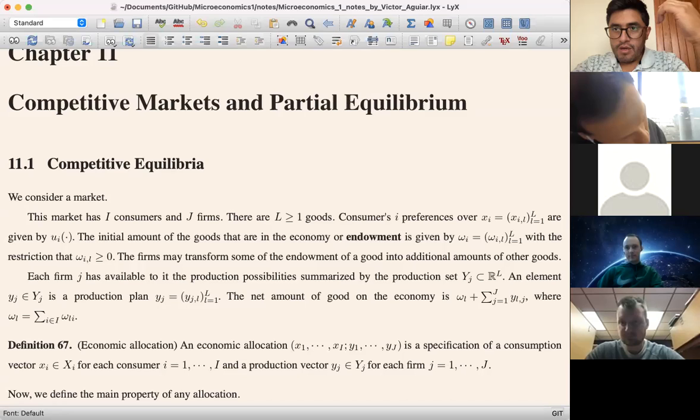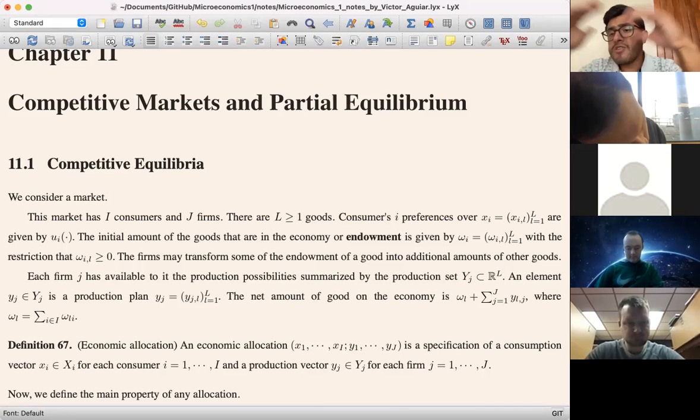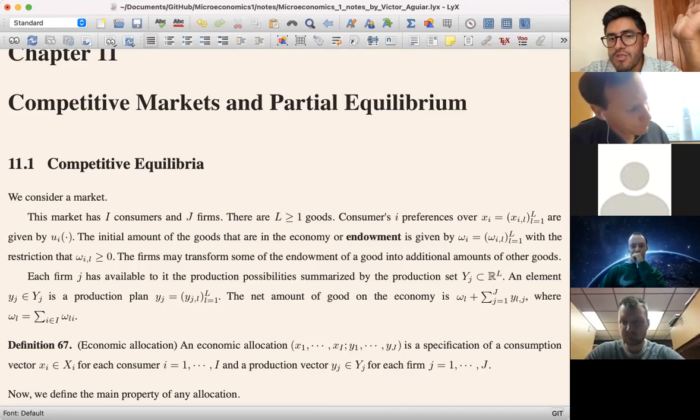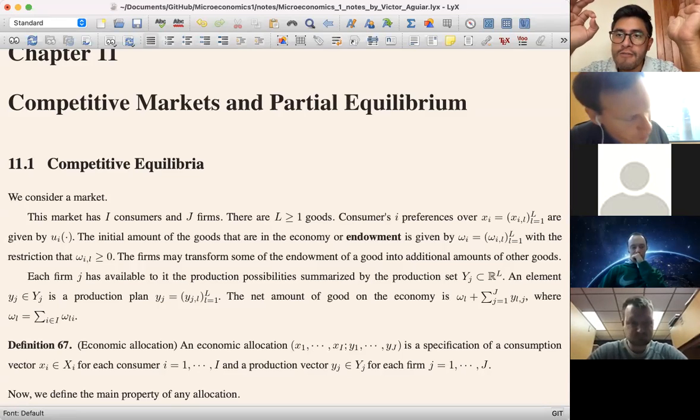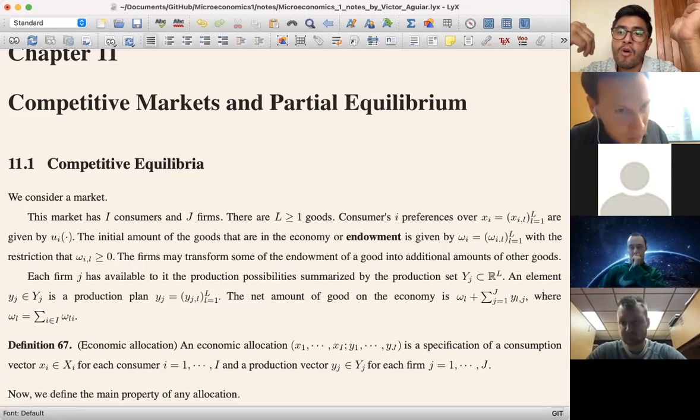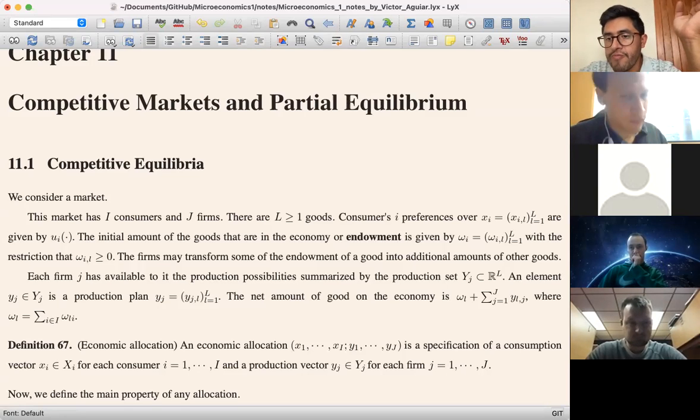So all of this is from the firms chapter. And now, importantly, mathematically, the production set is very simple because it's just a subset of the Euclidean space. And remember that the production set is a very convenient mathematical object because any vector that belongs to the capital Y set, the production set, is a feasible set. So it's a combination of inputs and outputs that the firm can actually produce.